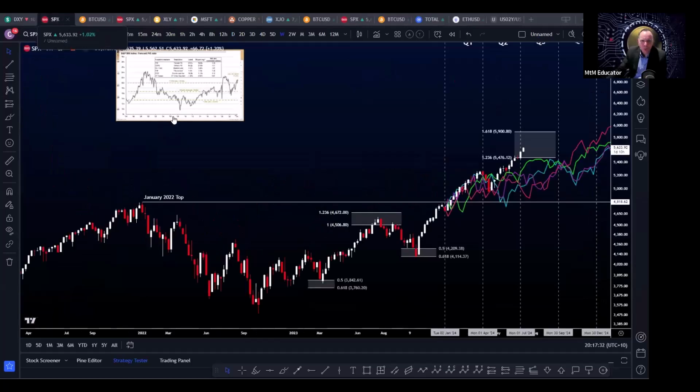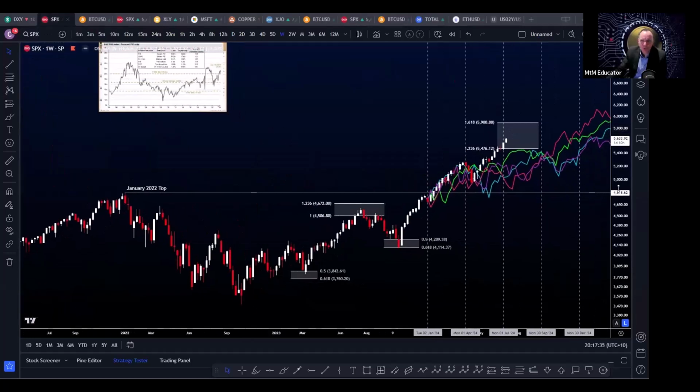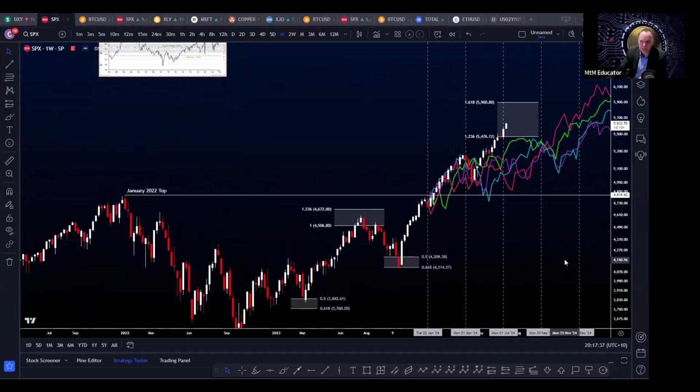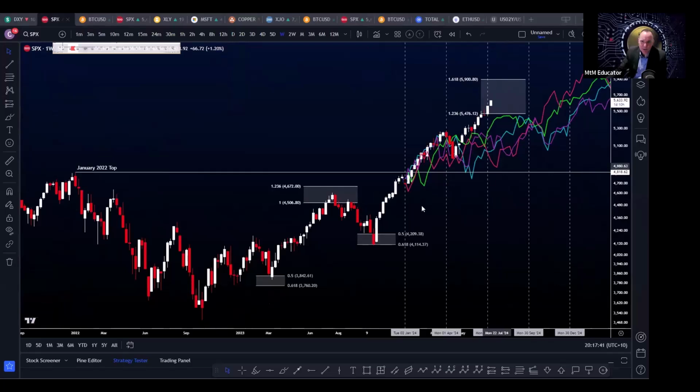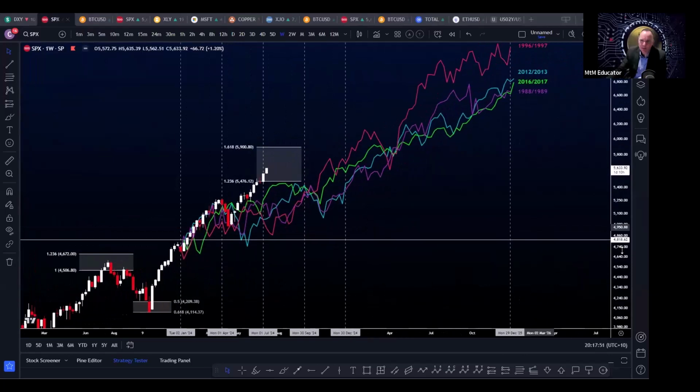When we look at the S&P 500, and we're going to start with the US markets, I set this target at the beginning of this year. So about 6 months ago, I set this target based on where we were with the US markets and all of the similar years.